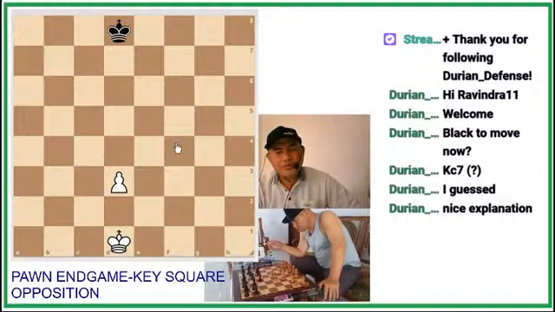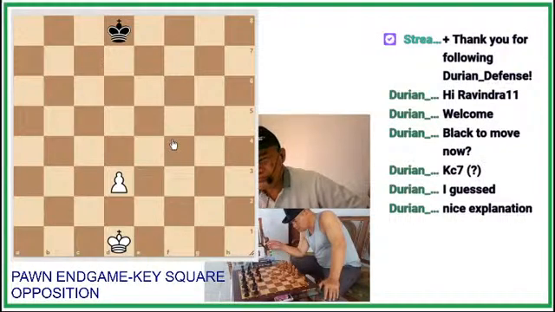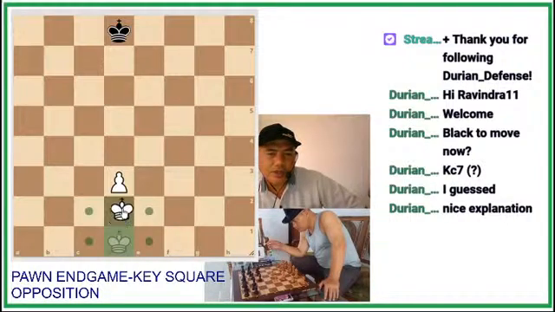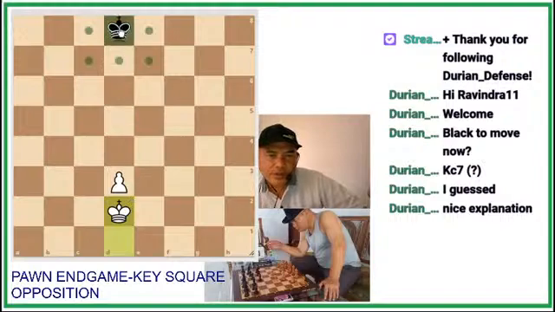If we play with the best moves, this is a draw. Maybe you can see how to maintain a draw here. For example, black goes here, black can go here.